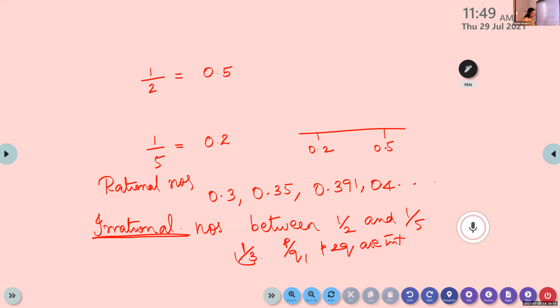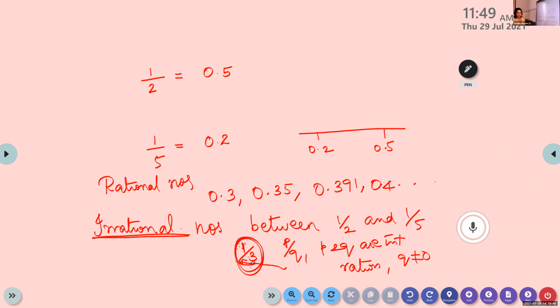Whenever we are able to give it in P/Q form, with numerator and denominator, that will be rational. So 1/3 is always a rational number. 1/3 is not irrational. We can write it in the form of P/Q, with a number in the numerator and a number in the denominator.